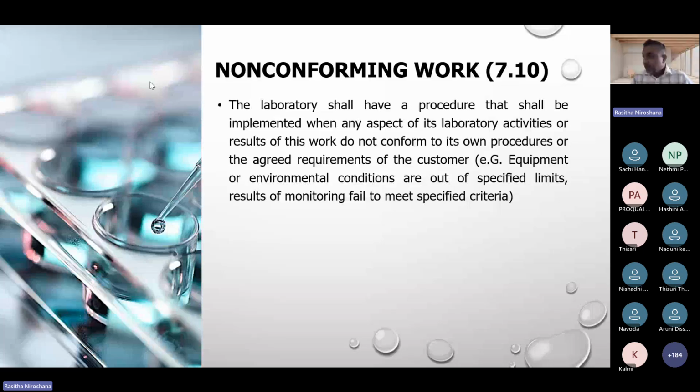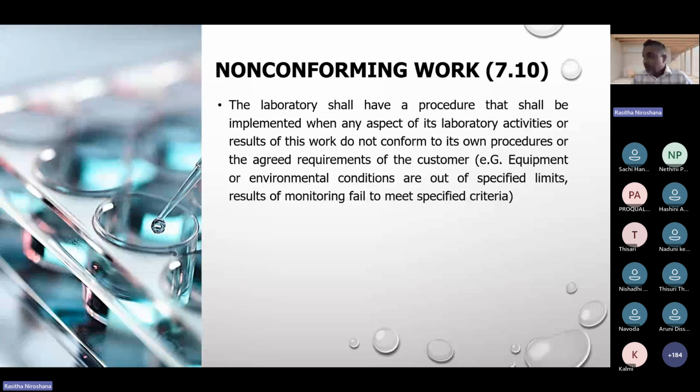So any lab has non-conformity. People who run the lab, working in the lab, know that sometimes there will be a malfunctioning of the equipment. There will be a power failure. There will be a people issue, people deciding to resign immediately. Those can be non-conformities, right?